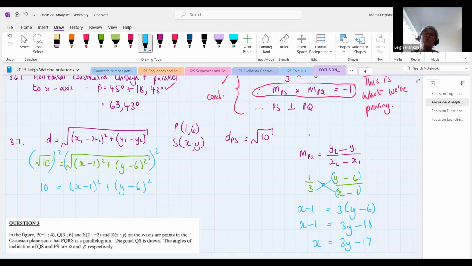Can you see there you have created a linear equation from substituting into the gradient formula? Okay, does that make sense to everybody? Are there any questions before I move on? Are we all happy about where this comes from?